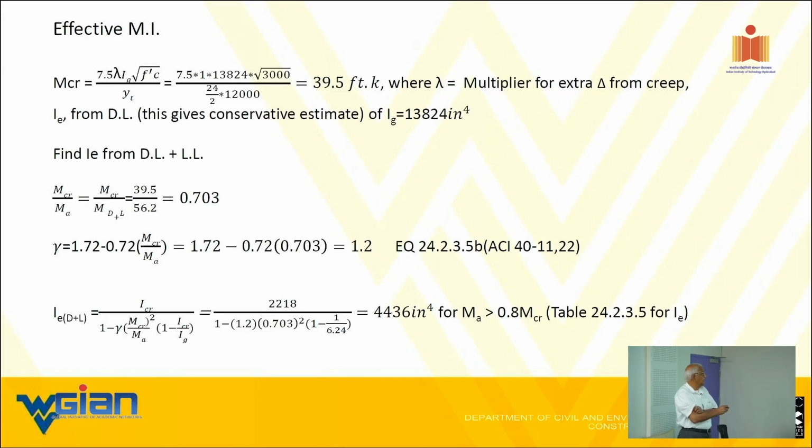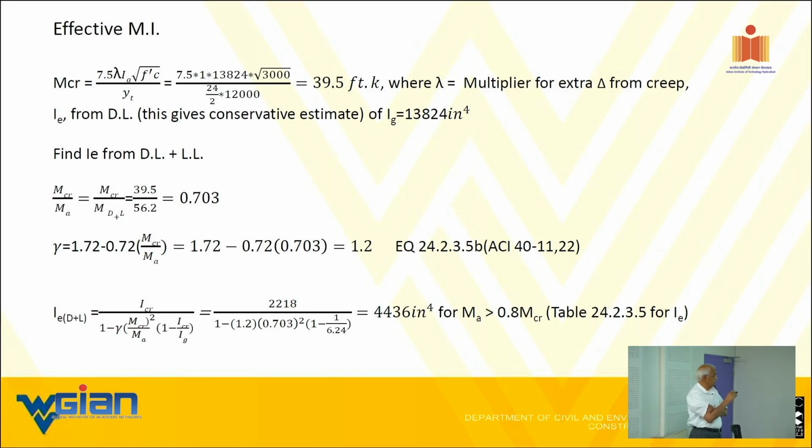Now let's look at the cracking moment. Where is the M cracking coming from? That is, MC over I is equal to FC. What is that? 7.5 times square root of F prime C. That's the modulus of rupture value, we call it.